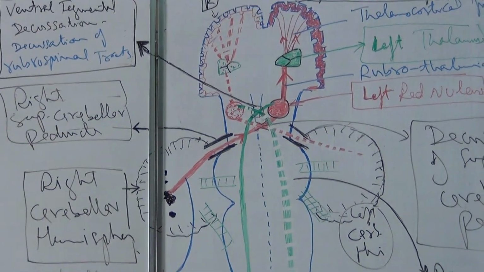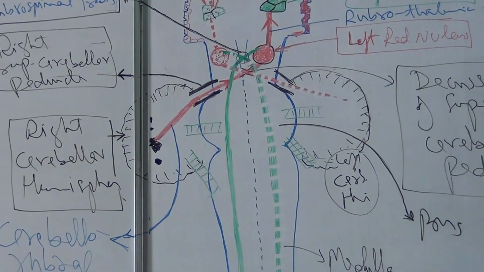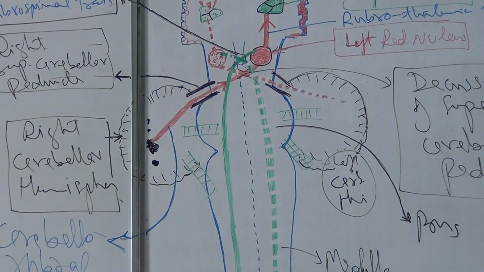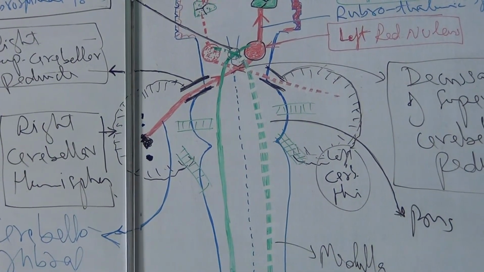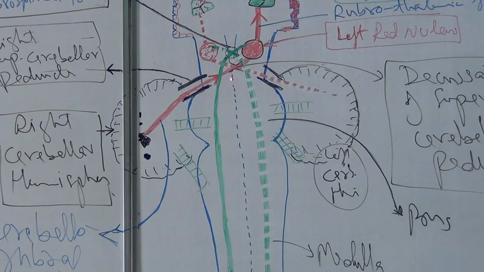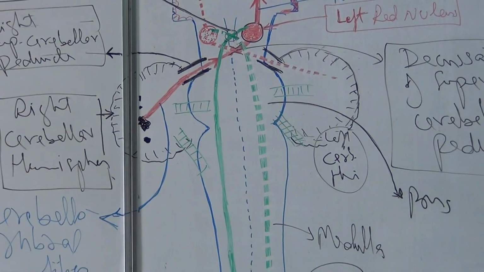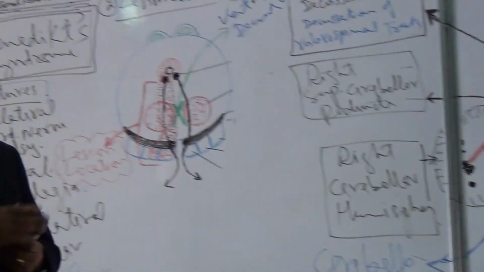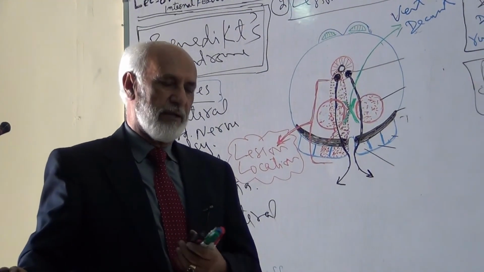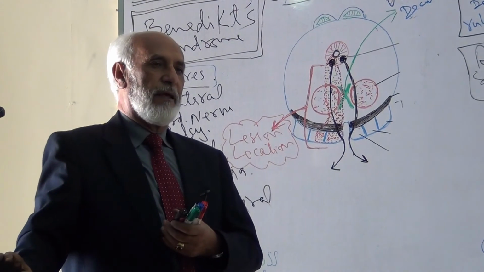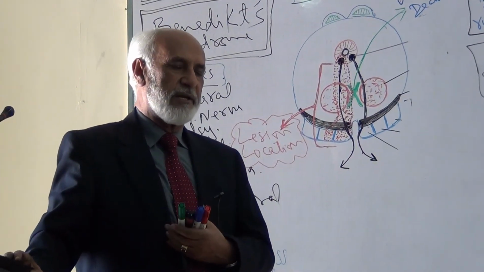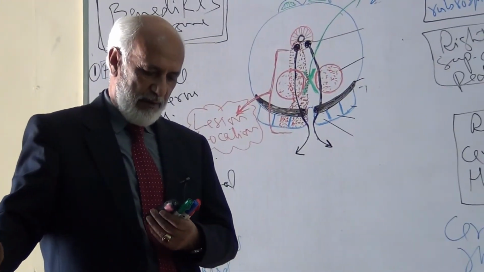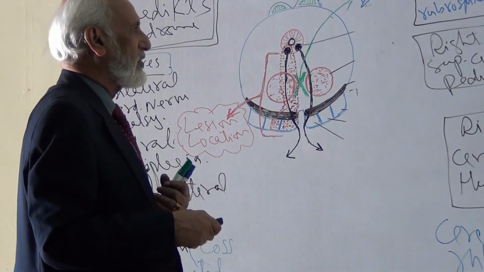spinocerebellar tracts decussate. This is why when there is damage in this area, it results in contralateral hemiplegia because of the crossing of the fibers. So this was a little detail about the red nucleus, ventral tegmental tract, its pathway, and to understand why there is contralateral hemiplegia because of these crossings.